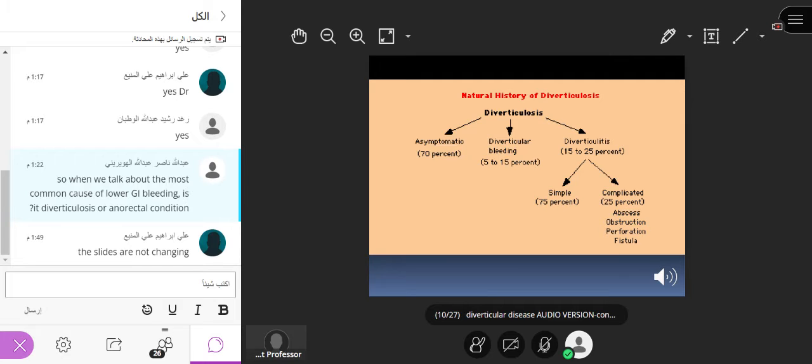So it may enter anywhere in the adjacent structures and lead to colovesical, colocolic, coloileal, or coloanal fistulas, but mainly colovesical and colovaginal fistulas. Mainly these two fistulas form.